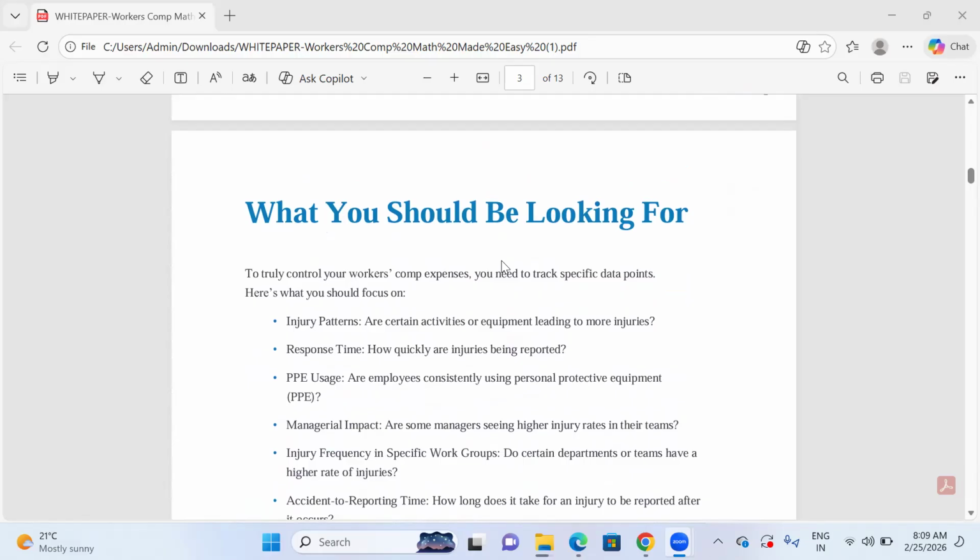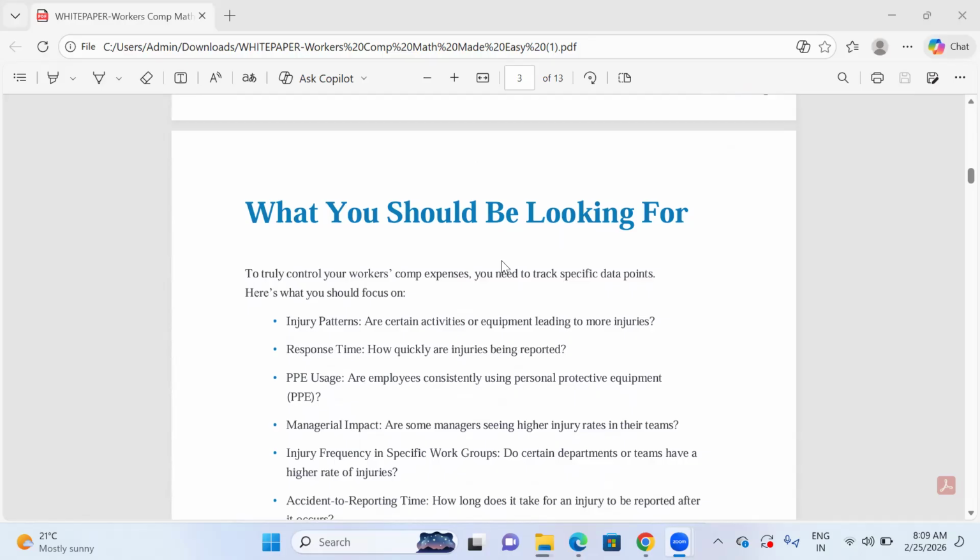When we try to understand this, we need to know some specific data points. One is injury patterns, for example, whether certain activities or any kind of equipment lead to more injuries, and what the response time should be. How quickly are injuries being reported?